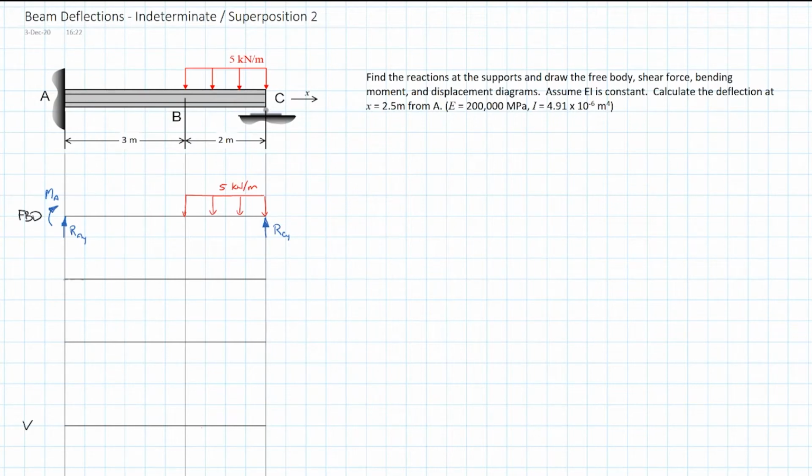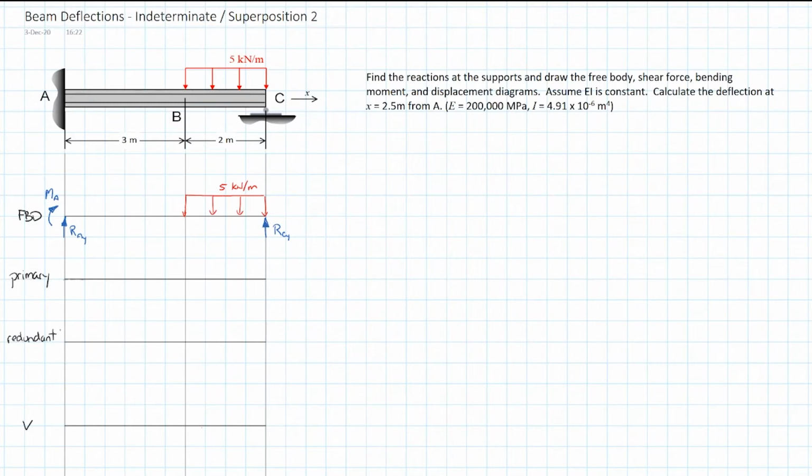So we're going to have to come up with one compatibility equation to augment our equations of statics in order to resolve the system. The first step then is to draw a primary system. So I'm just going to label these: a primary system and a redundant system.